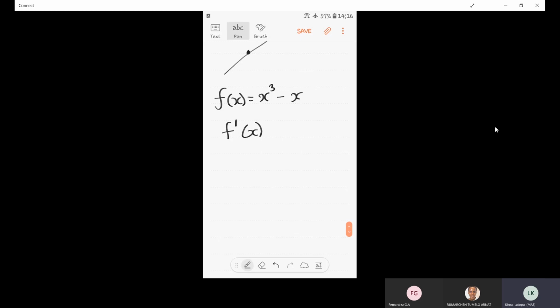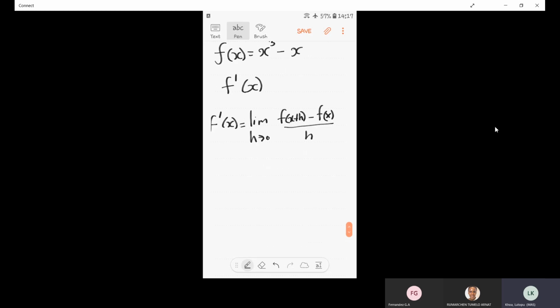Now to do this, I will just substitute my x plus h into the formula. So I have f prime of x equal to the limit as h goes to 0 of f of x plus h minus f of x, all over h.